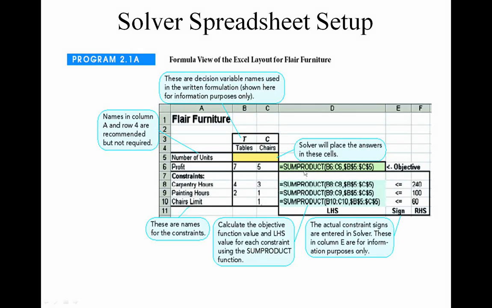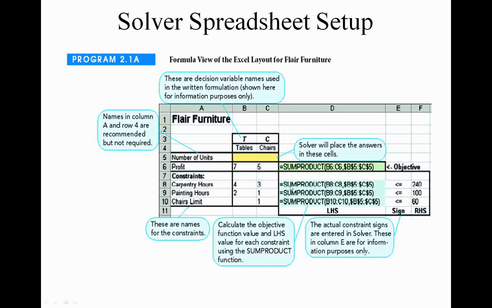Now over here in this cell, that is in column D, what we want is the total number of hours that we use. So here it is SUMPRODUCT, meaning that whatever the number of tables that are produced times 4 plus whatever the number of chairs that are produced times 3, add them up. So we are taking the product of these two numbers, that combination, then adding them up.